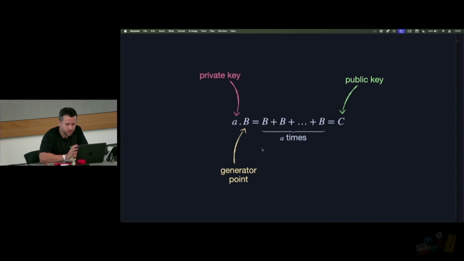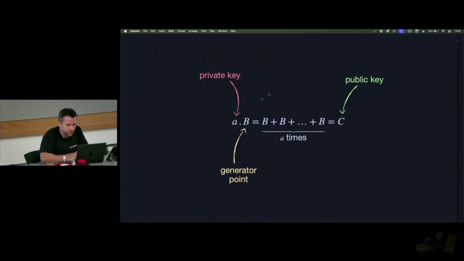It is not actually important to remember these names, but this operation has the most important property that we use for cryptography, which is: given small a and big B, the private key and a generator point, it's pretty easy to compute this new point C. It's an easy operation. But given B, and in this setup, everyone will know which point B is, it's a parameter of the curve.